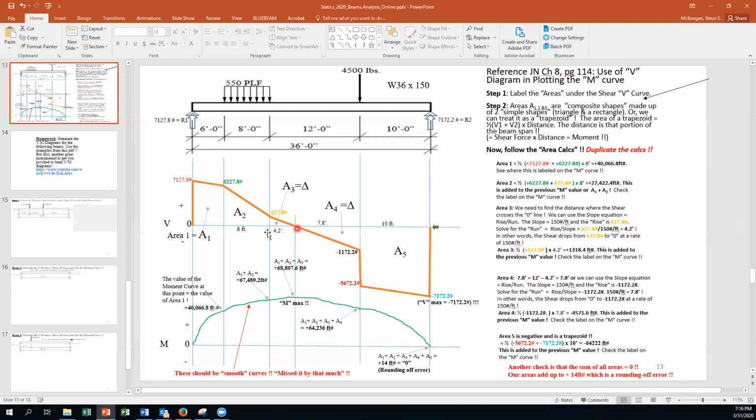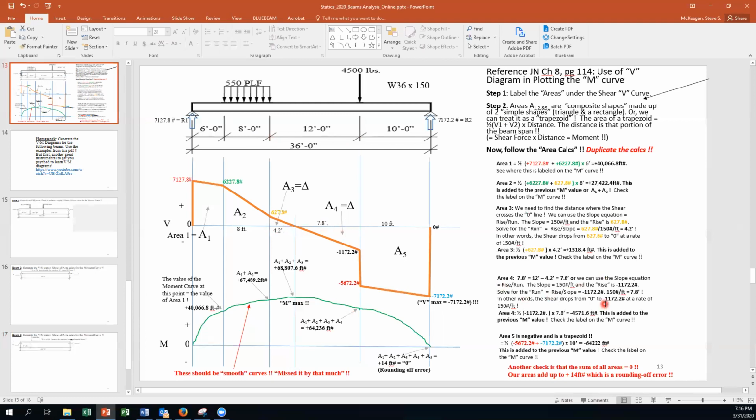One half base times height, one half the base times the shear. That's added to the previous M value, so the value here is area 1 plus area 2 plus area 3. Also, where the shear crossed the 0 line, we drew a light line down because it becomes a significant point. For area 4, we can say that 12, the distance between here and here, minus 4.2 gives us 7.8.